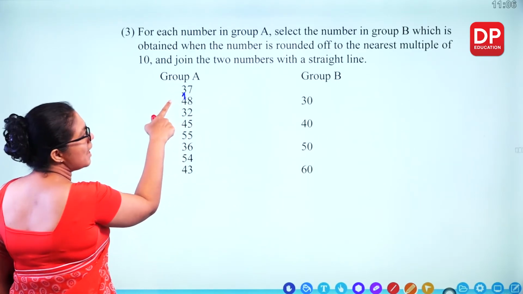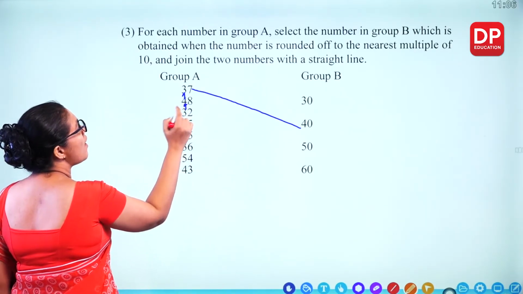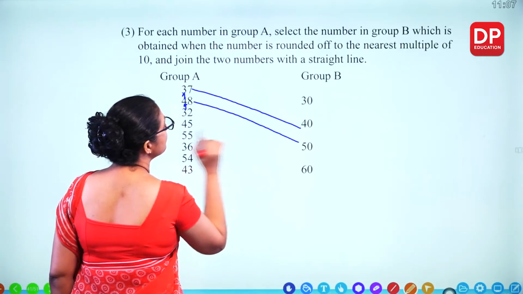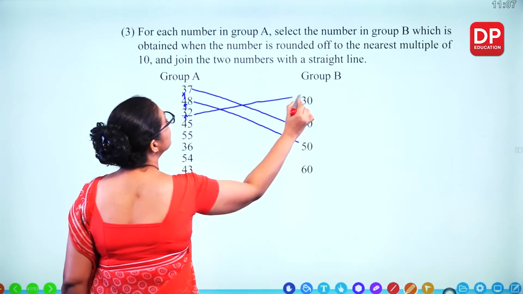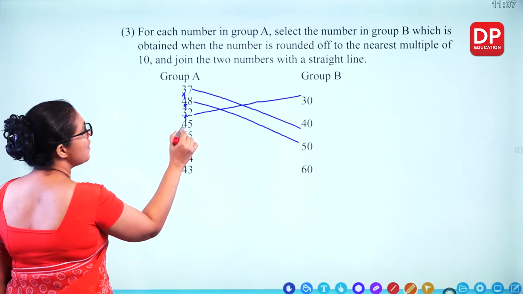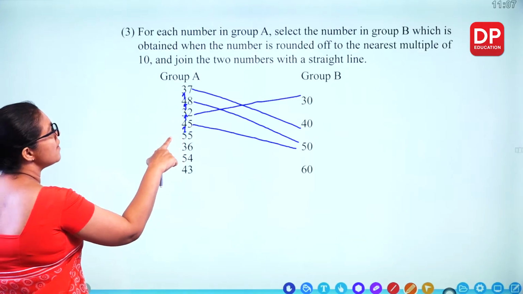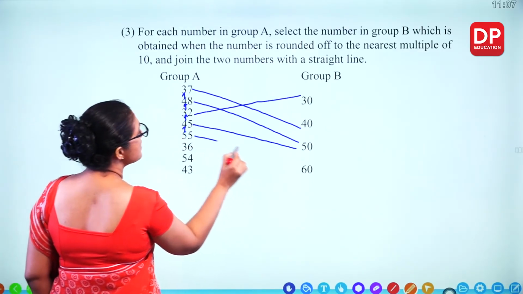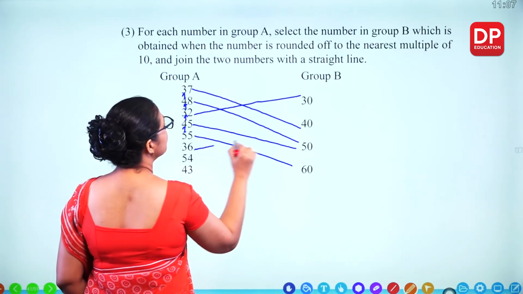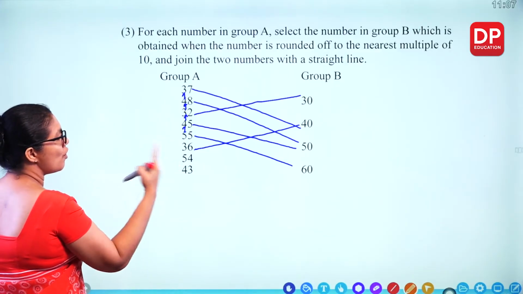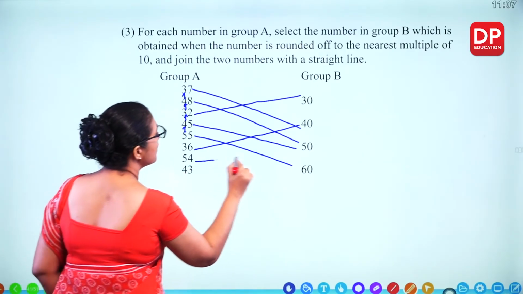So you are adding 1, that becomes 40. 48, you are adding 1, this becomes 50. 32, you are not adding 1, so that's 30. 45, we need to add 1, that becomes 50. 55, you need to add 1, that becomes 60. 36, yes, you need to add 1, that's 40. 54, less than 5, so you don't need to add 1, so this becomes 50.